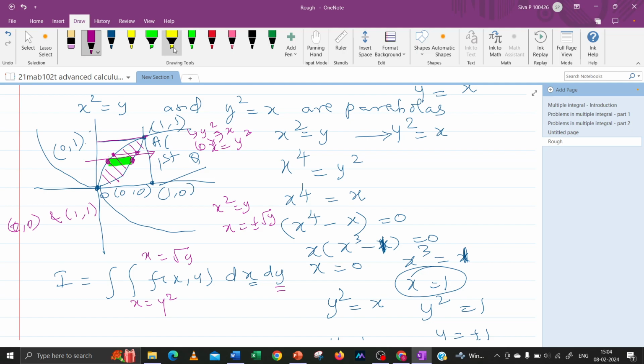From this you have to identify the y coordinates. So simply you can take the values of y. That is enough. No need to consider x here. To write the outer integration, simply write the values of y. So the y values are y equal to 0 and y equal to 1.